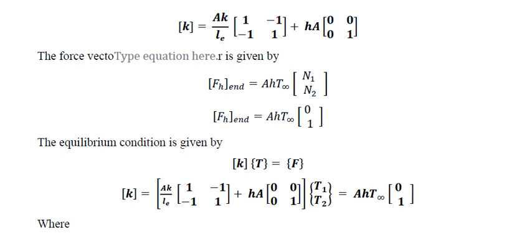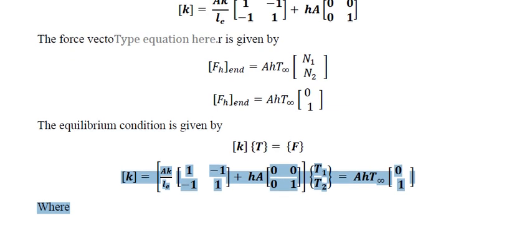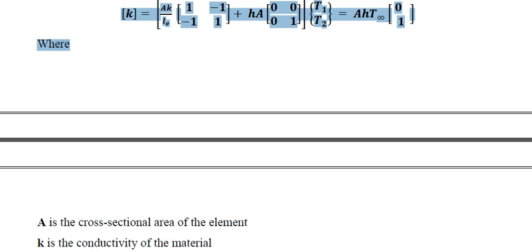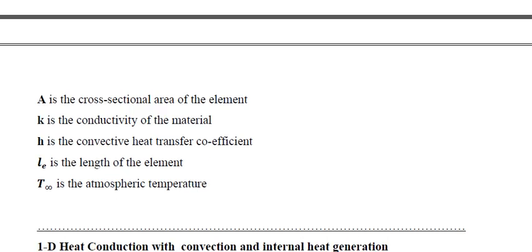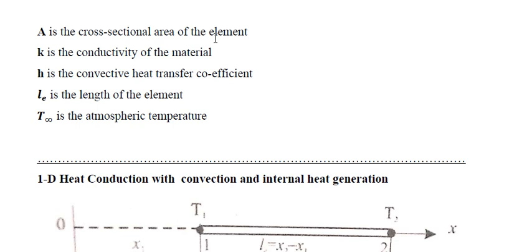So this is about the element with conduction plus end convection, where A is the cross-sectional area. We should not forget, it is not surface area, it is cross-sectional area. K is the conductivity of the material, H is the convective heat transfer coefficient, L is the length of the element, and T infinity is the atmospheric temperature.